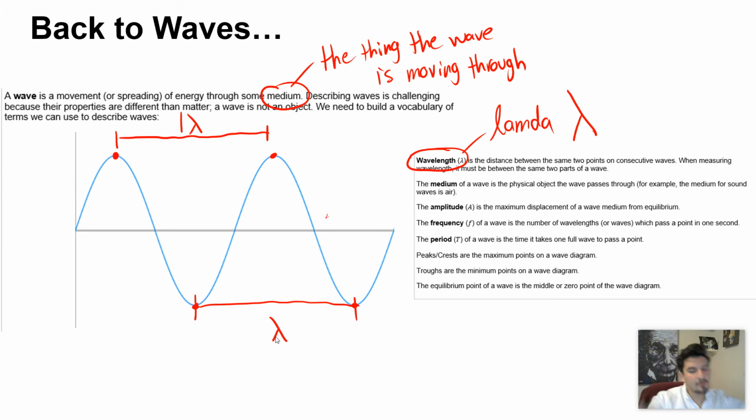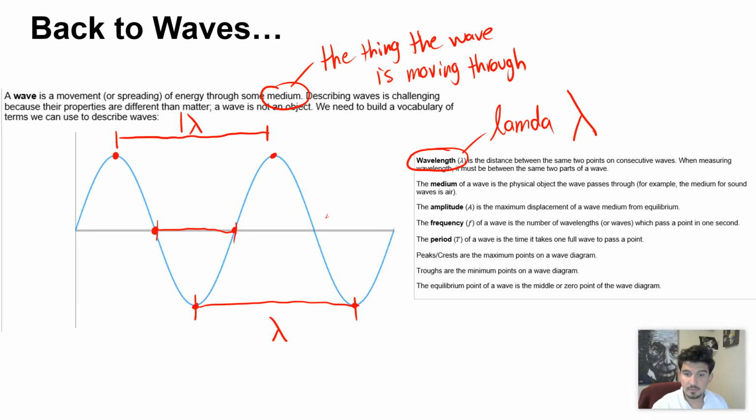Here's where everybody makes a mistake. If I wanted to measure a wavelength here, a lot of students would say, I just need to measure to here. Well, if we look at that, this line is nowhere close to the length of this line or this line, which should give away right away, oh, that's not how I measure wavelength. And that's true, because if we think about the wavelength measured from the top, it has to go all the way to the bottom and then back.